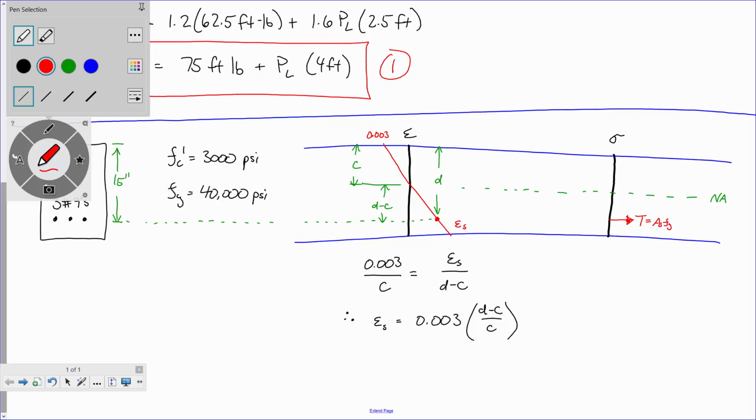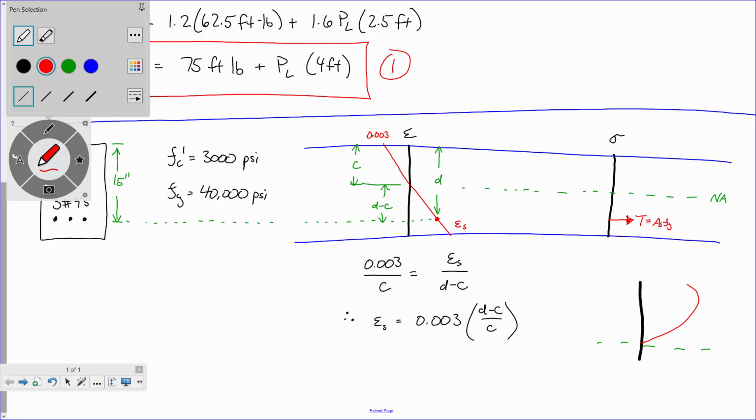For the force that's in compression, remember in real life what it would look like is this. Here would be my neutral axis, and if you remember, concrete is a very nonlinear material, so in real life it would look like that, like it would be nonlinear, and we'd have to calculate the area of that. But we're engineers, we don't like to integrate stuff if we can avoid it.